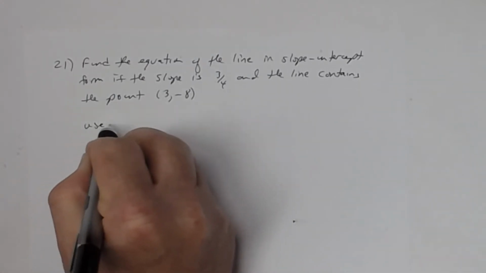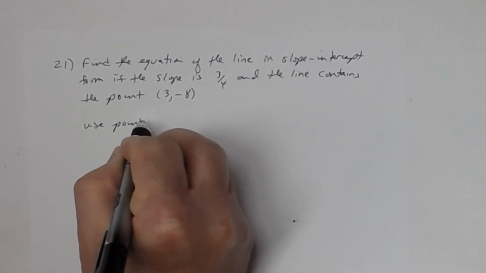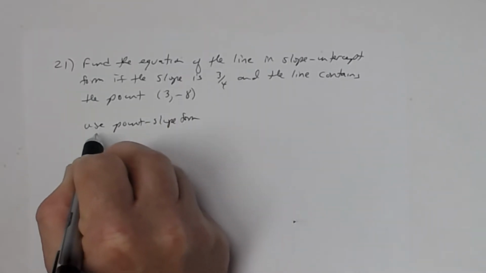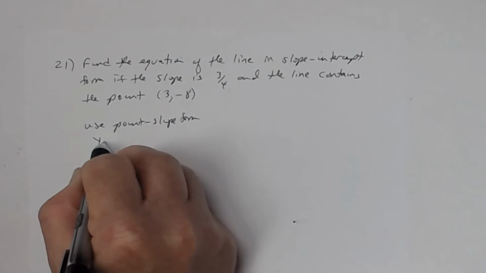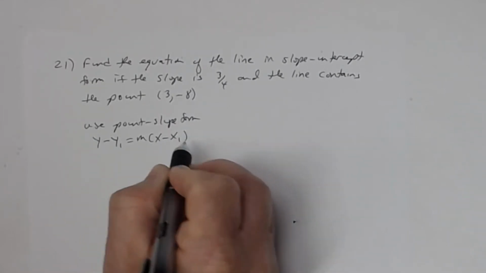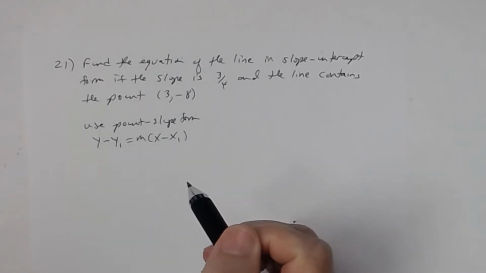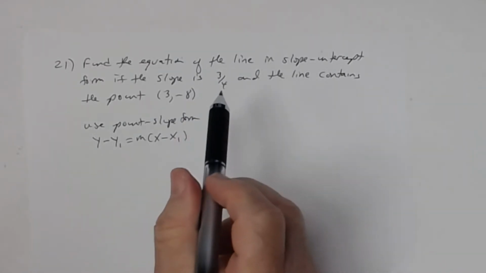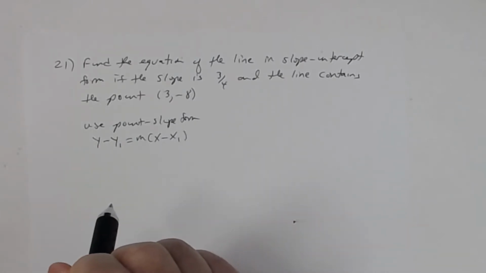So you could either use point slope form. That was one approach. And remember, point slope form is y minus y1 equals the slope times x minus x1. So that's one of the approaches that you could use to find the equation of that line that we're interested in.